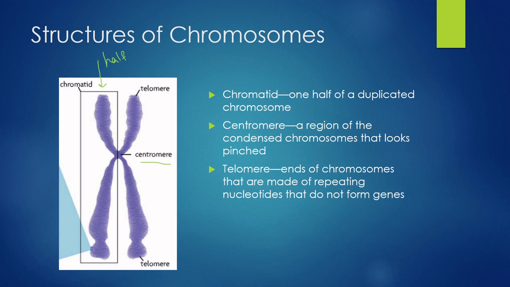So chromatin, chromatid, and chromosome all sound very similar, but half of a chromosome is a chromatid, and a chromatin is the loose form. So unfortunately, they are very similar. You just got to make sure you know. Chromosome is the compact form during mitosis. Chromatin is the more loose form during interphase.